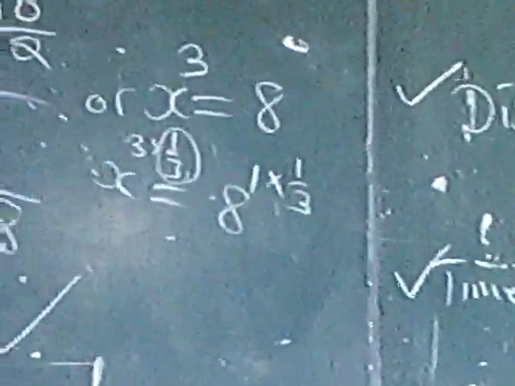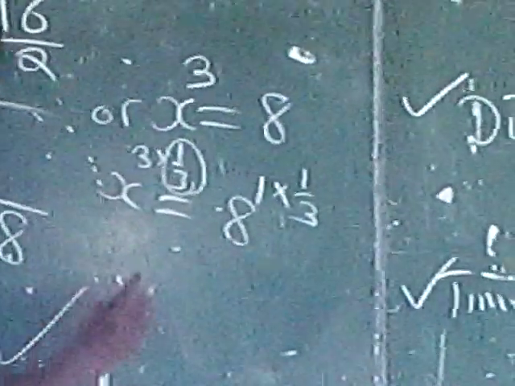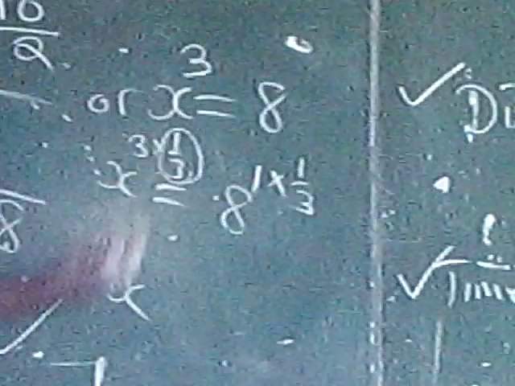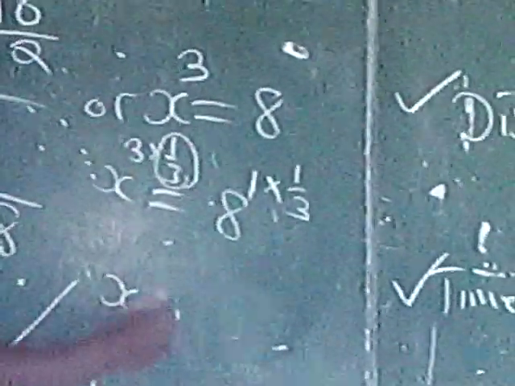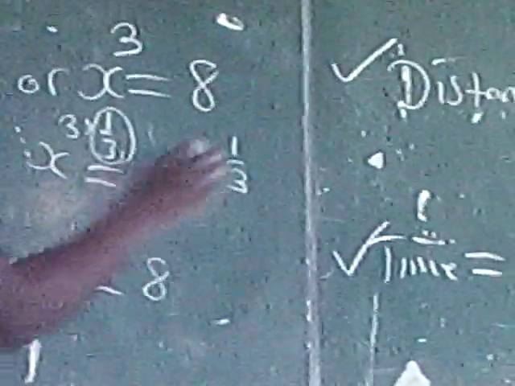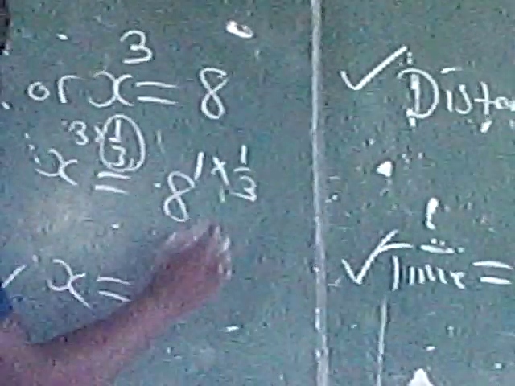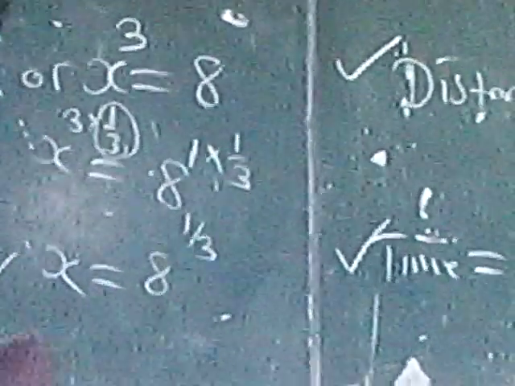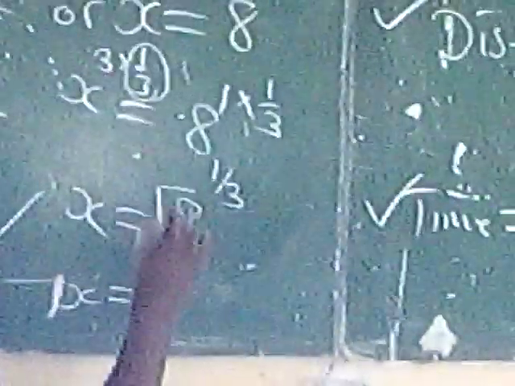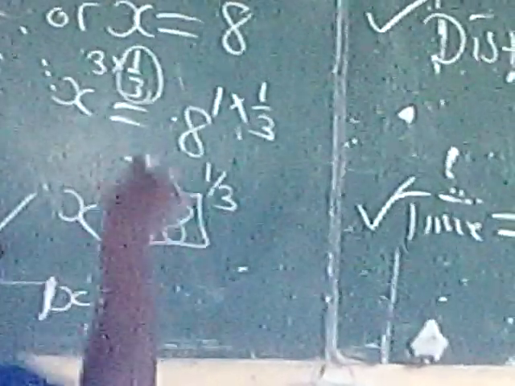Once this is done, you go further. You say this is x to the power, and 3 times its reciprocal is 1. So here is just about the x. And this will equal 8 to the power 1/3. Then look at how interesting this is. x is equal to, we're going to break this 8 in such a way that its power will be 3.